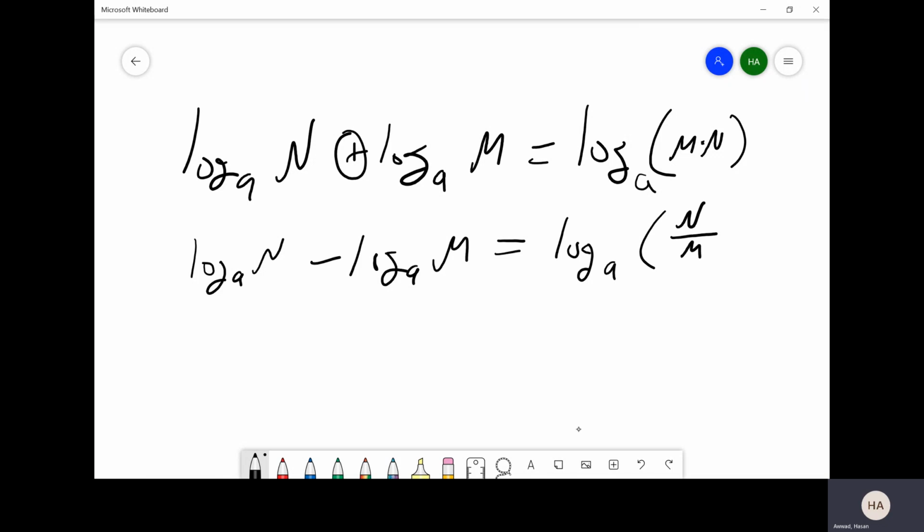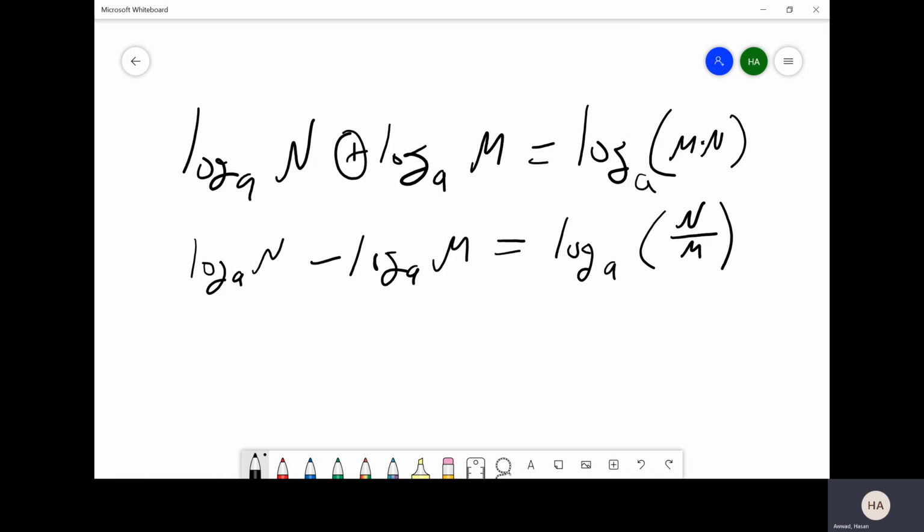You know which one is the numerator based off of which one is positive and which one is negative. The subtraction is tied to the log base a of m, so that's how we know that the m is going to be in the denominator. Those were our two rules for adding and subtracting logarithms, also known respectively as the product and quotient rule.